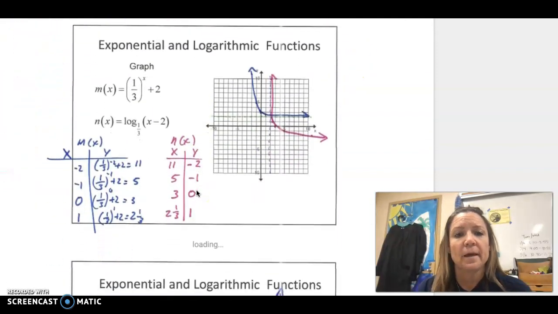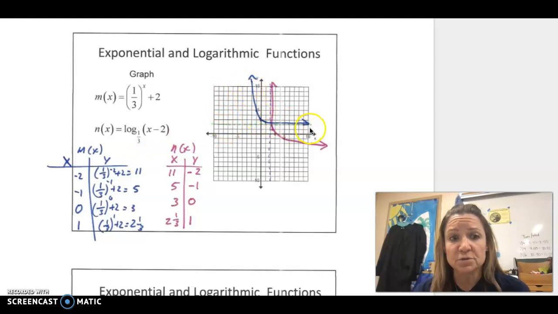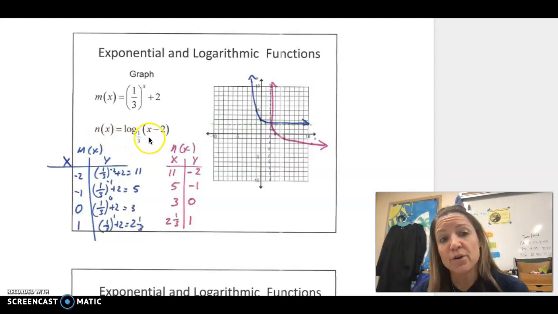All right. So if we have m of x equals 1/3 to the power of x plus 2, and we plug in some values and then graph them, we're going to get this blue graph right here. Then if we do the function n of x equals log base 1/3 of x minus 2, we're going to get the graph in pink.